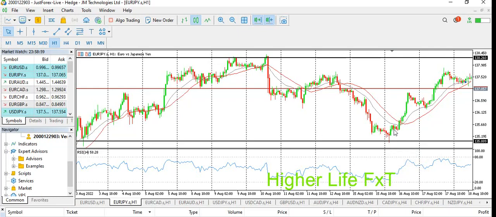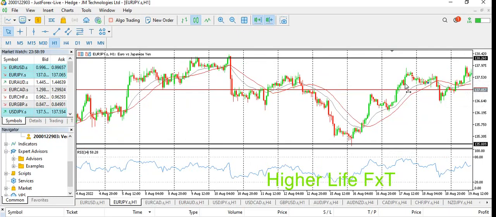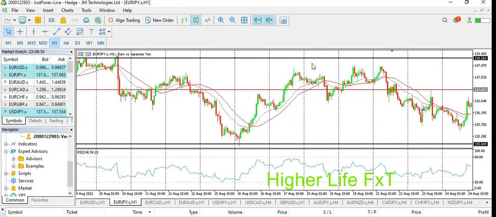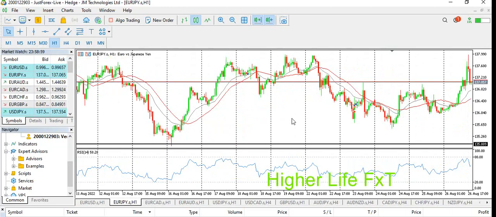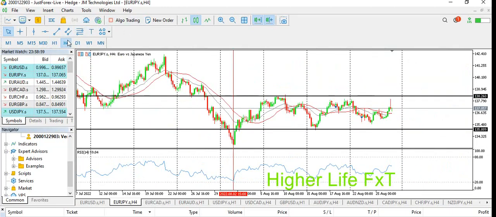You buy from here and you ride the trend up until we touch or we are close to the resistance area. You take your profits, you sell up until the trend is broken. It is as simple as that, guys. Trading support and resistance zones.